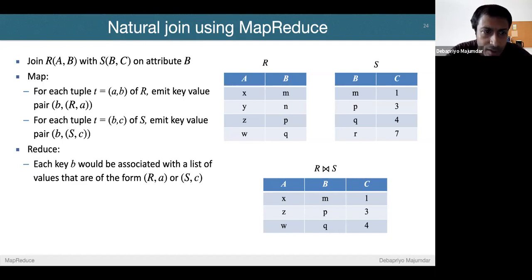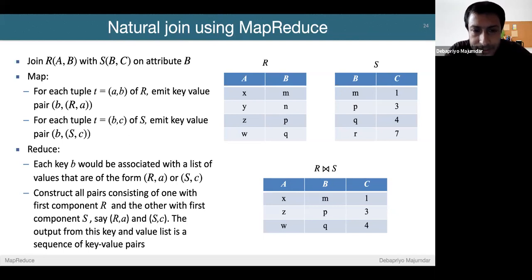So there will be multiple values of the form RA or SC with every B, and we just have to cross multiply all of them, right? So every such RA has to be combined with every such SC to produce the triplet, in this case of A, B, C. So this is how we will do natural join using MapReduce, right?